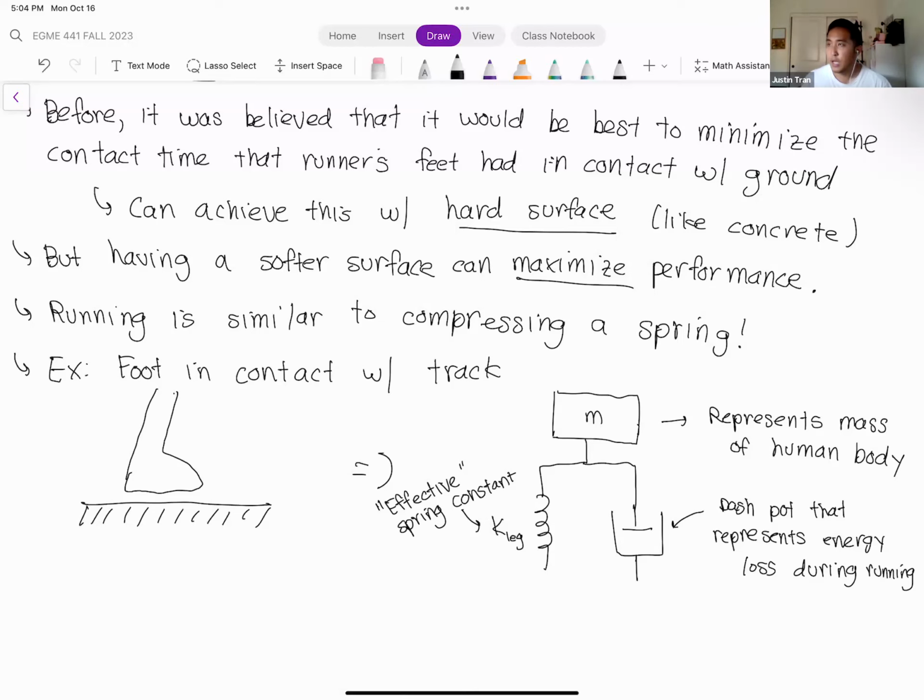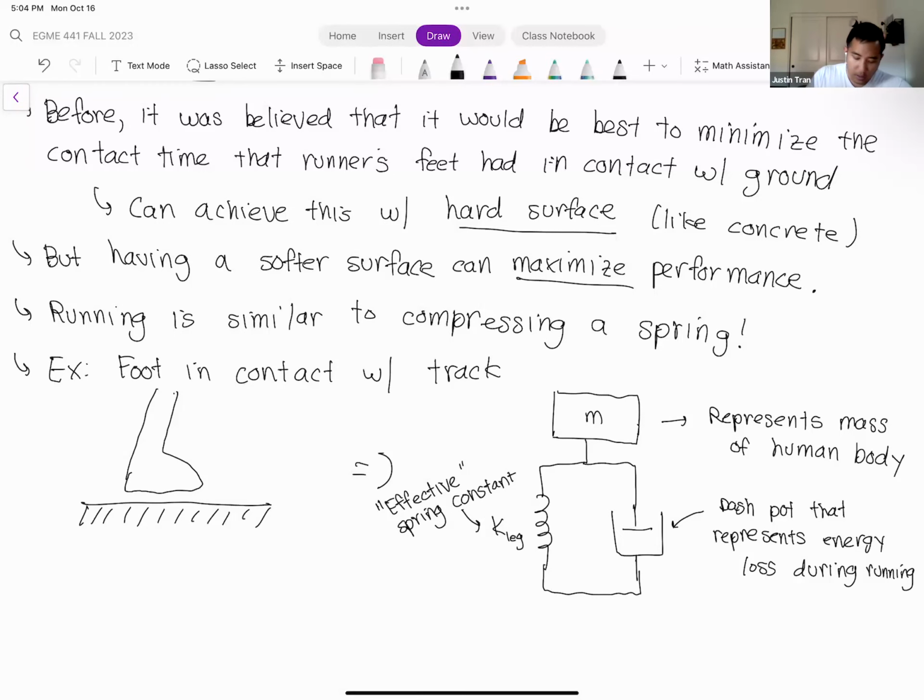Most physical systems have some degree of energy loss, whether it be heat loss from friction or air resistance. There's always some degree of energy loss. Sometimes it's more significant than others, but it's always good to include it. So that's the mass-spring system that's comprised of your leg and the rest of the body.